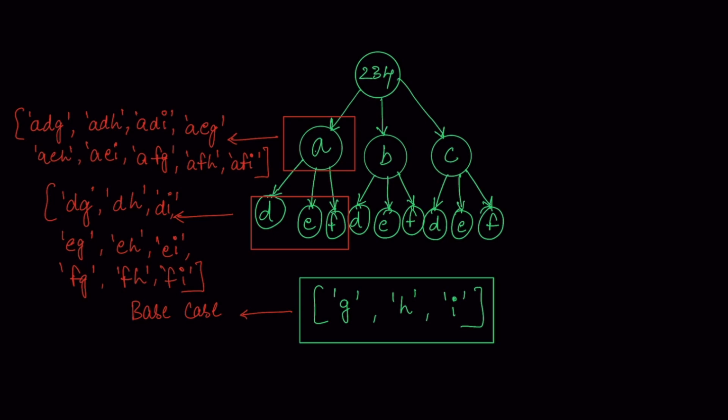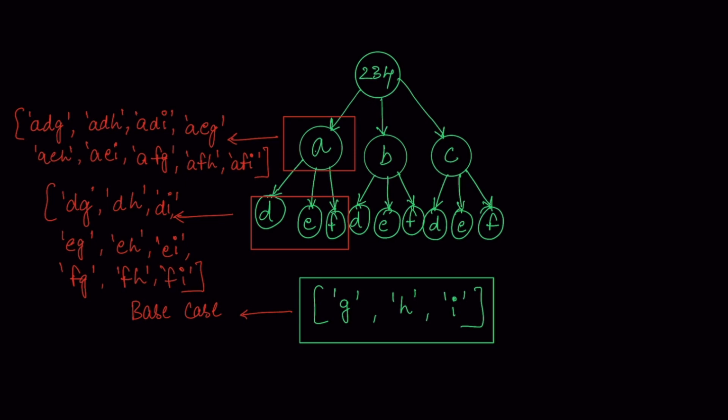The way we get this is we are going to append A to the below obtained list. Then we are going to get this list. Same thing happens even for B and C. So we are going to add all these cases, and finally we are going to get a list of 27 strings. I hope it is clear from this explanation.